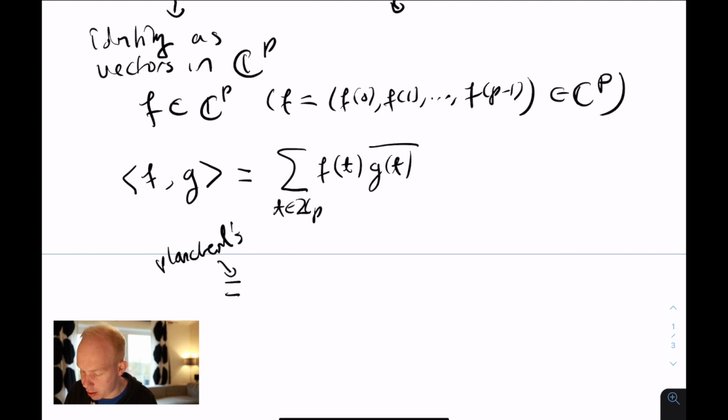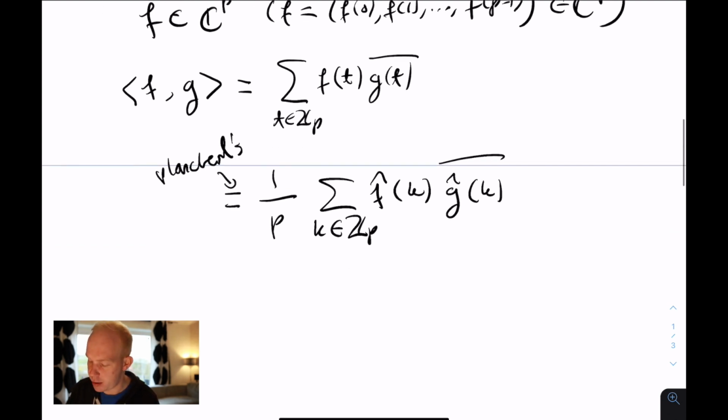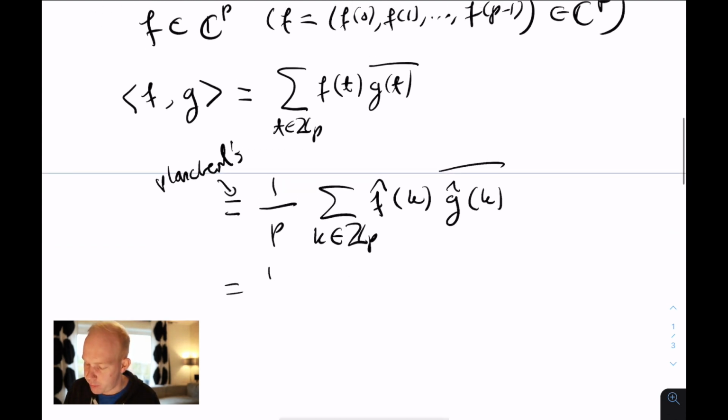you get that this is 1 over p, and then you sum over k in Z_p of the Fourier transforms as vectors, g hat(k), the Fourier transform and the complex conjugate. So, which is the 1 over p f hat, g hat.